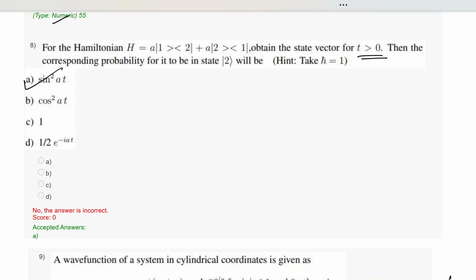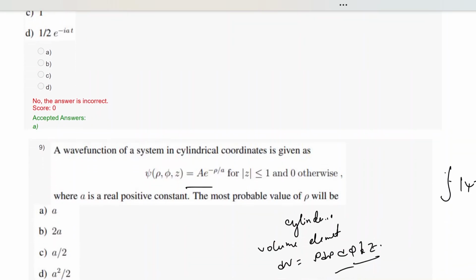this is e to the power minus rho by a, and from dV you have rho d rho d phi dz. Now rho will be going from 0 to rho naught, but the other terms like d phi dz, phi from 0 to pi and z from minus z to plus z, will not contribute in rho because they are independent of rho.